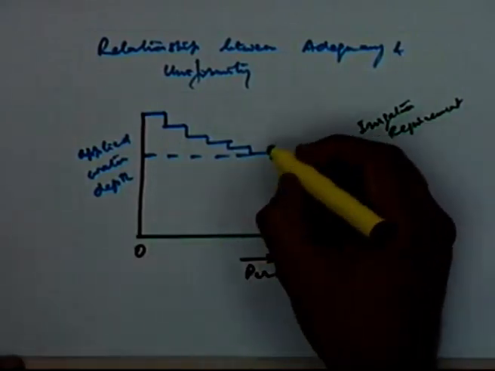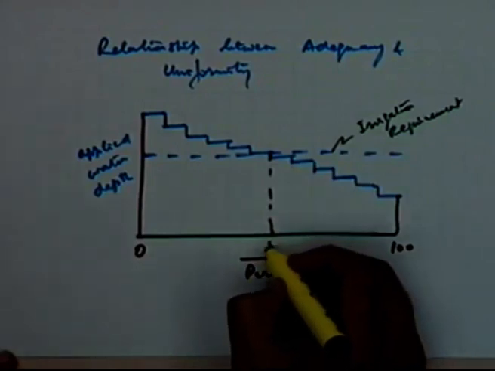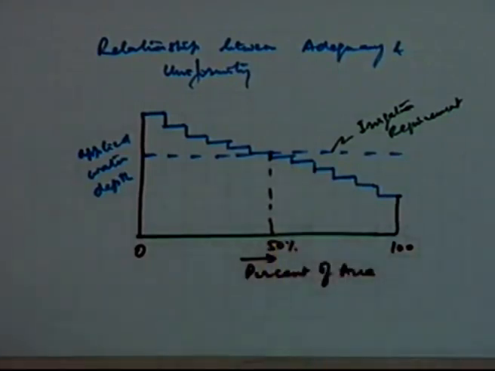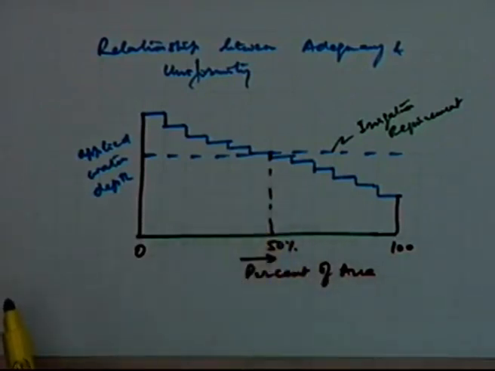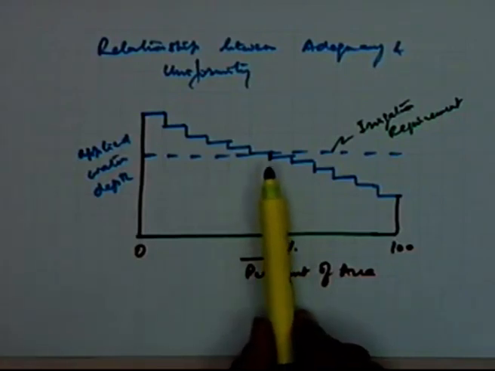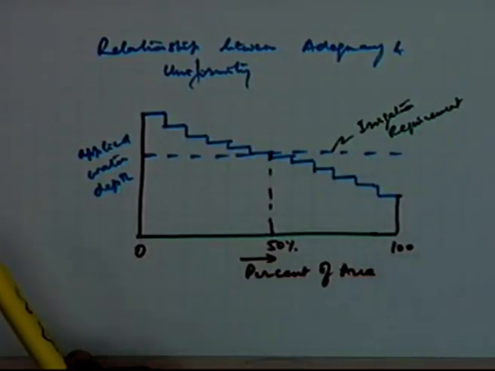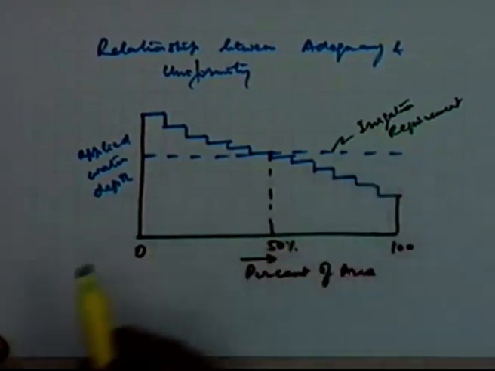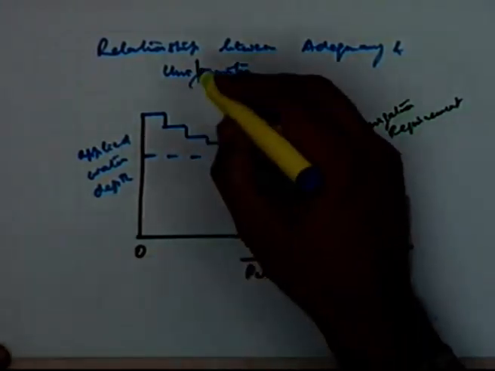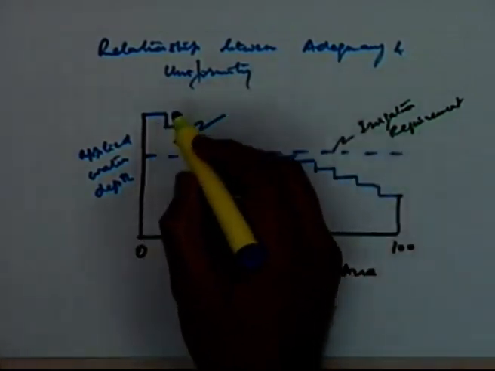then at this level, if this is the 50% level, what's the adequacy of irrigation? It is only 50%, because only 50% of the area is receiving equal to or more than the net irrigation requirement, because your requirement was this level, and this is the area.